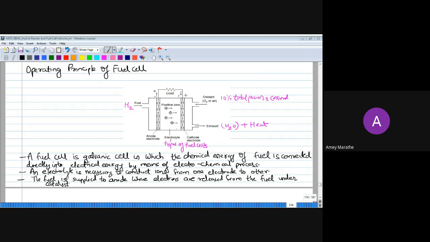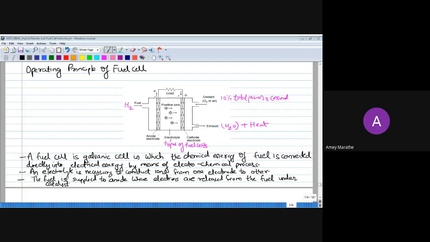The electrolyte helps the ions flow from the anode to the cathode, and it prevents the electrons from flowing through it, because if the electrons flow through it, there will be a short circuit.